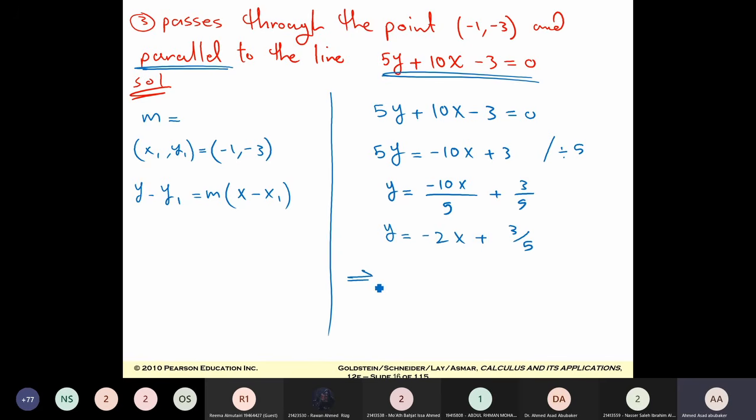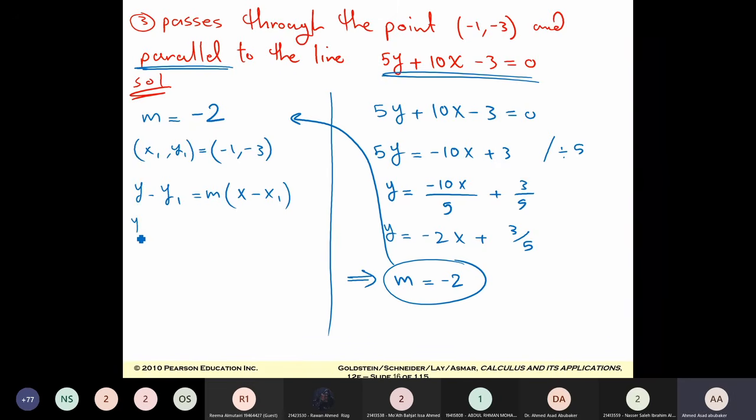We can conclude that the slope equals what? Minus 2. So we have the slope negative 2 that is parallel to our line that we need to find the equation for. So it has the same slope.